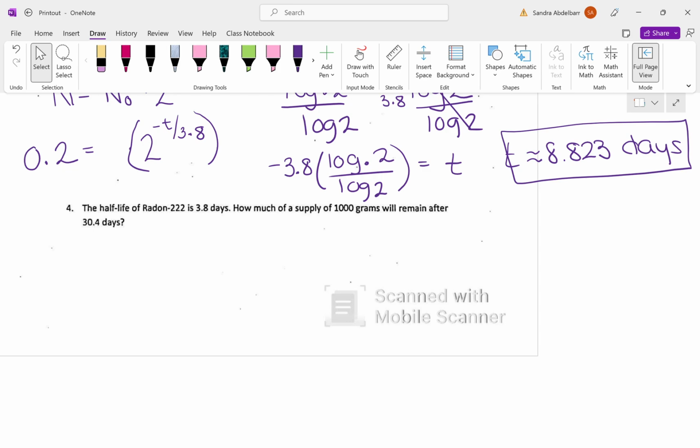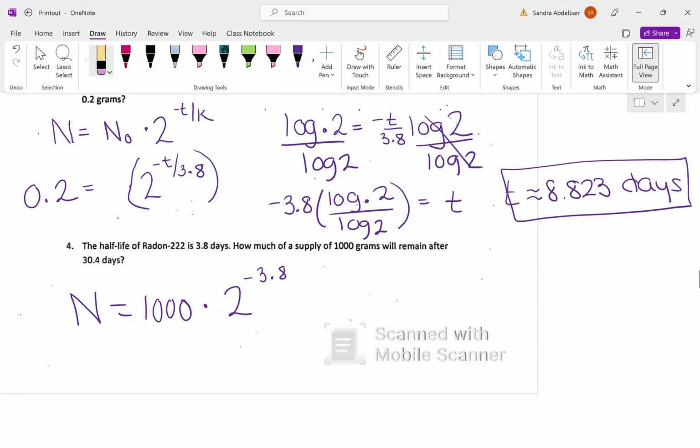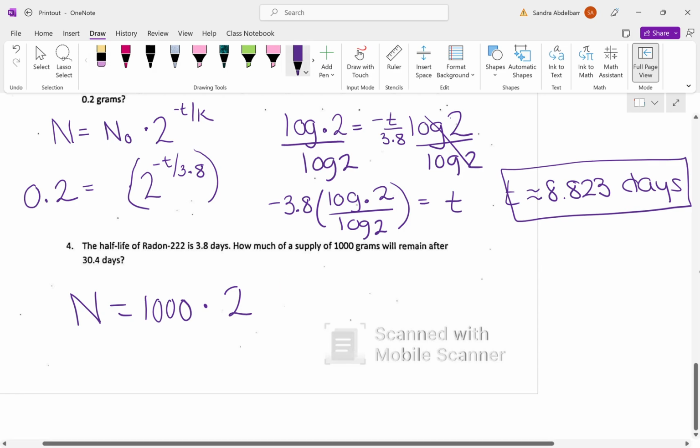All right, so do we all agree we're finding the amount at the end? So we're solving for n. What's our initial amount? 1,000. And then how many days? The time is 30.4.